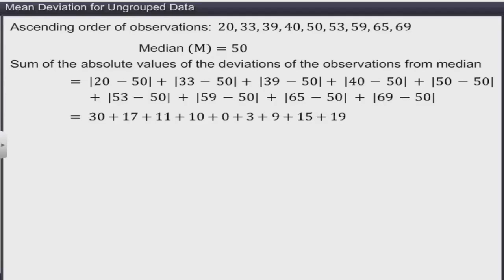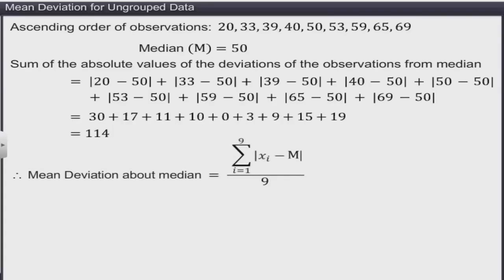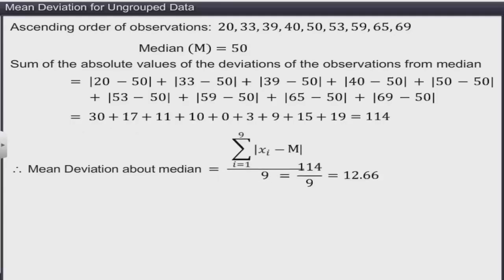The mean deviation about the median is equal to the sum of the deviations divided by the number of observations. This is equal to 12.66. Hence, the mean deviation about the median is 12.66.